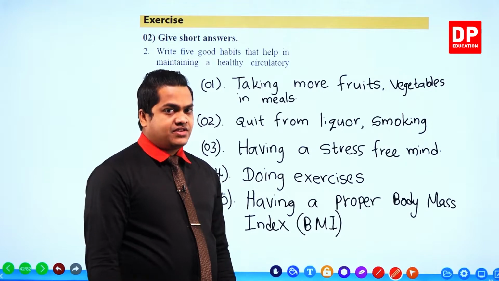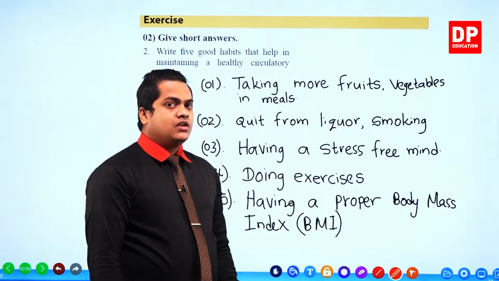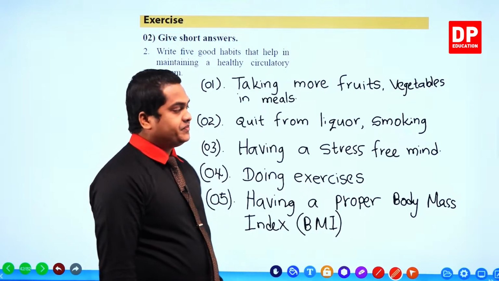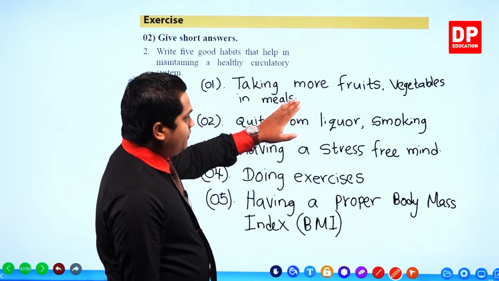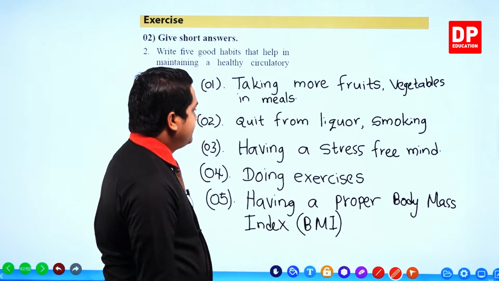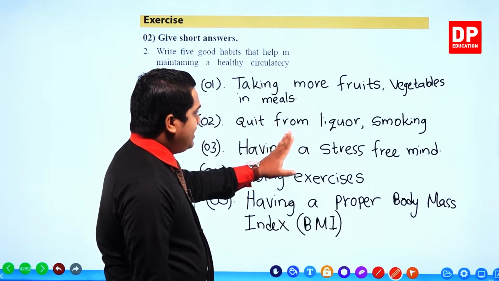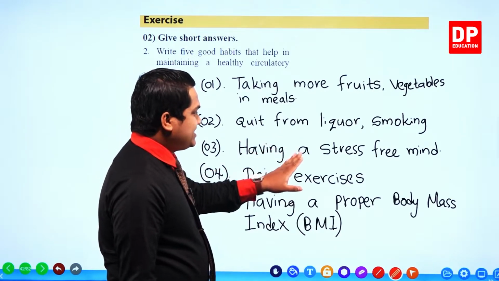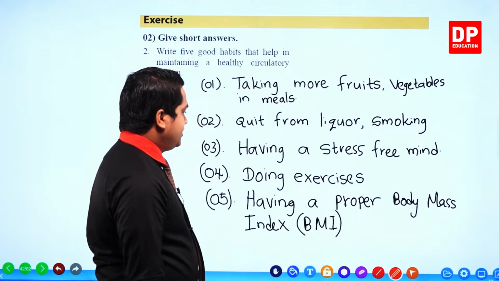So my dear children, these are the steps. These are 5 steps that we can follow to have a good, healthy circulatory system. Taking more fruits and vegetables in meals. Quit from liquor and smoking. Having a stress-free mind.